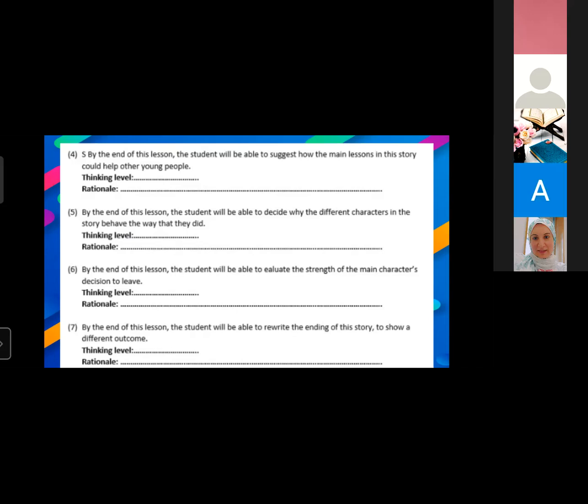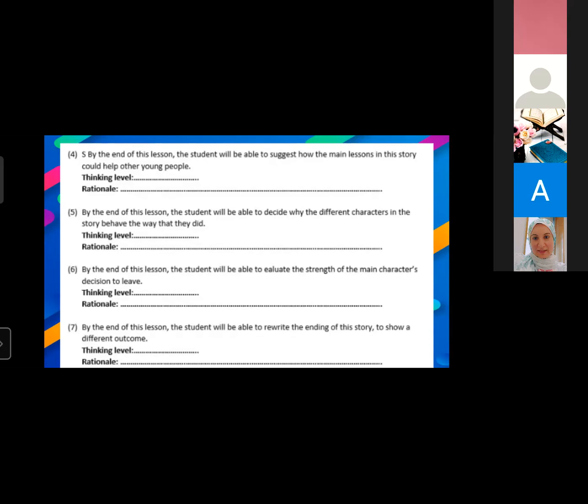Okay. So what about you, Nuha? Why evaluating? For each character there are different circumstances, different points of view, and they can evaluate why each character behaves the way they do. Yeah, that's it. They evaluate how others behave the way they did.